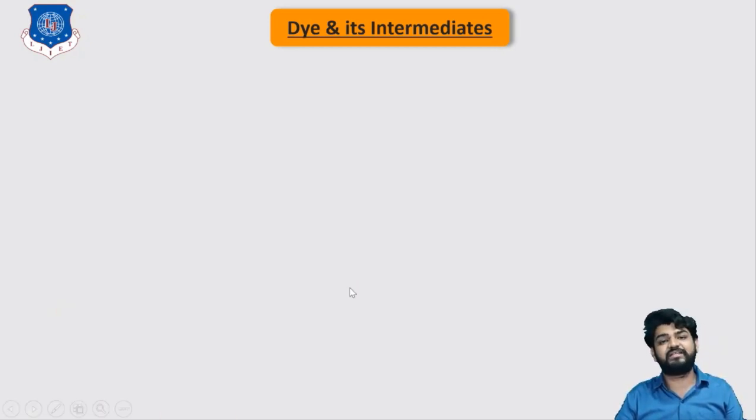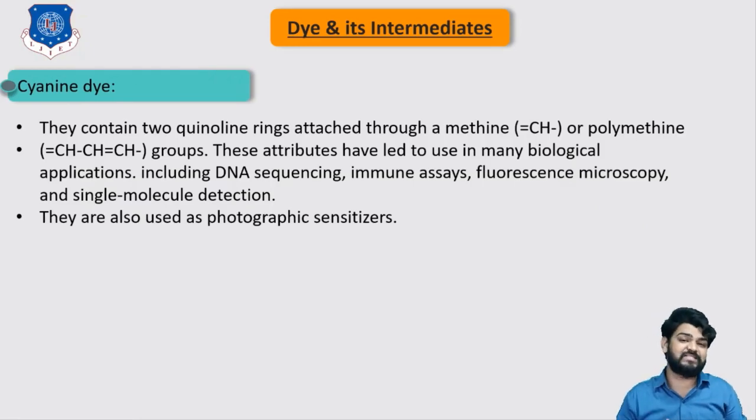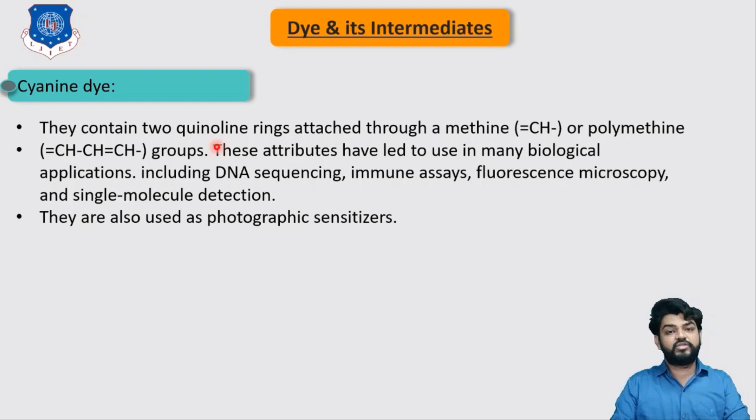Now after indigo dyes, let's move to the next and last classification of the dyes, and that is cyanine dyes. As you can see here, these contain two quinoline rings attached through methine or polymethine.